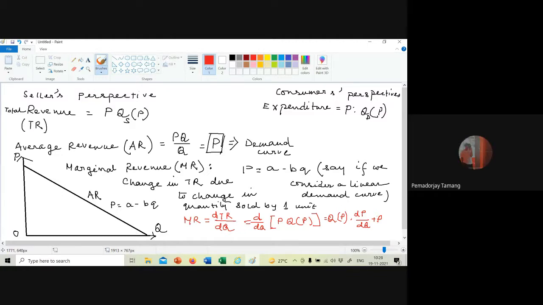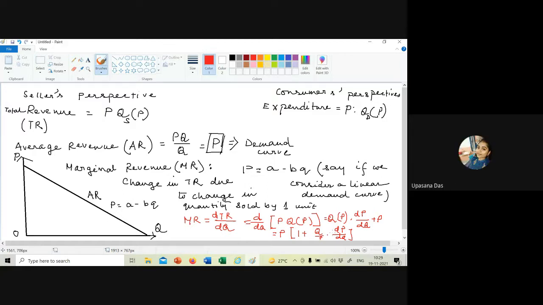Now I'll take P common. P into 1 plus Q by P dP by dQ.